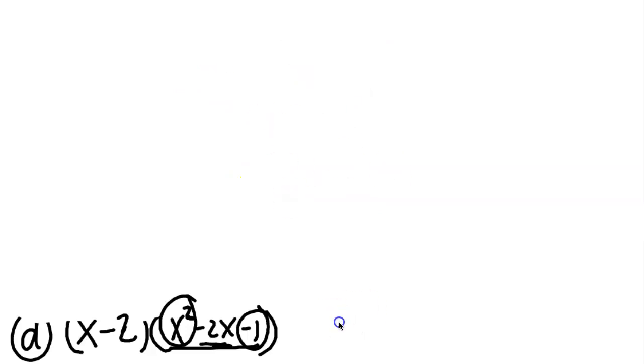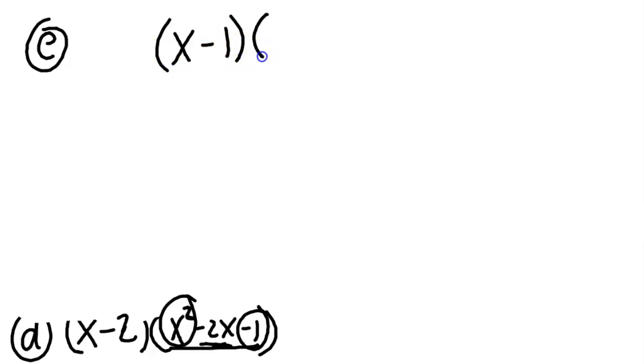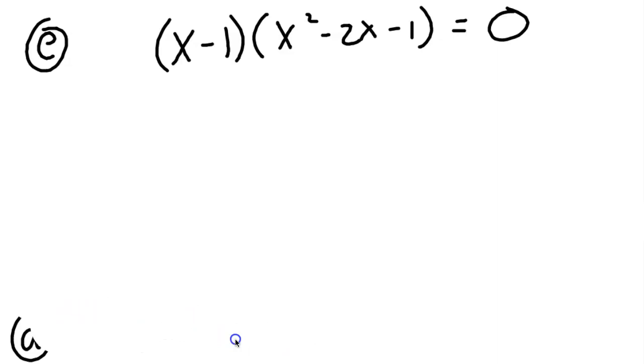Okay? But that doesn't mean we're done, so check this out. Right now for part E, we have x minus 1 times x squared minus 2x minus 1. And I want to find the roots, so that means I'm going to set it equal to 0. All right, so we do x minus 1 equals 0, and that's pretty nice and easy.